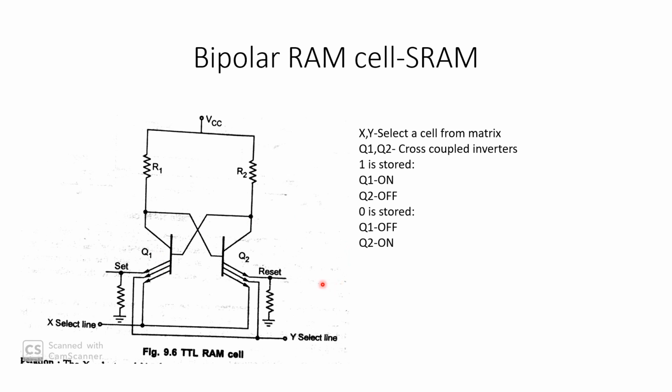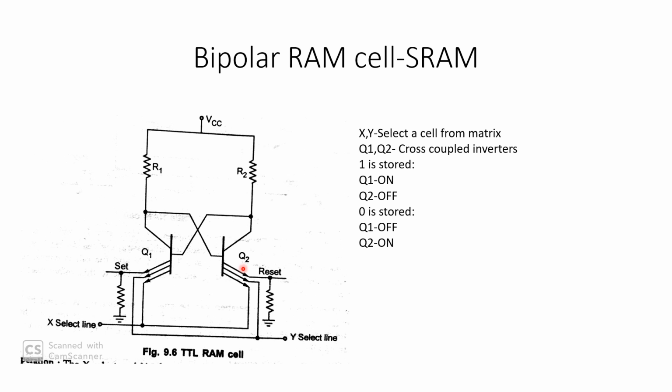So how do we turn Q1 and Q2 on or off? If you are passing a high impulse, 1, to the set pin, this will pull your transistor Q1 towards the ground, so Q1 is off. This signal is passed through the collector terminal of Q2, which will make Q2 on.